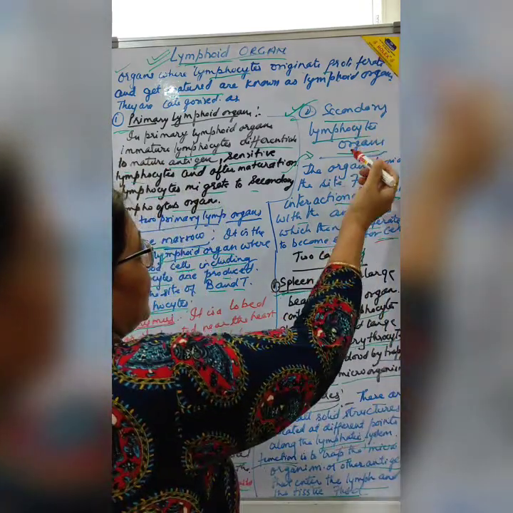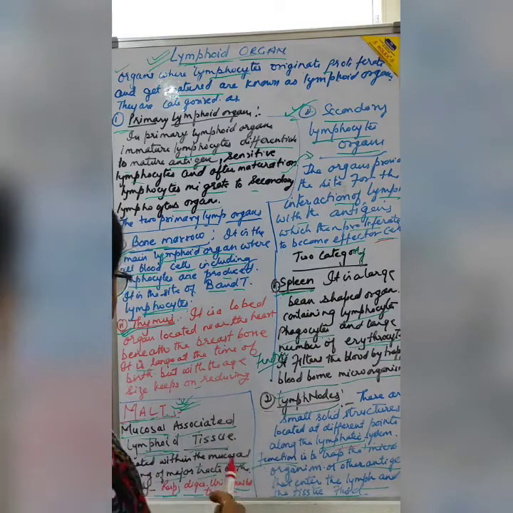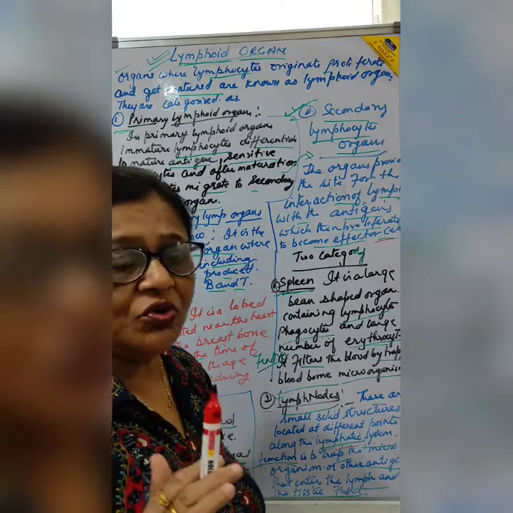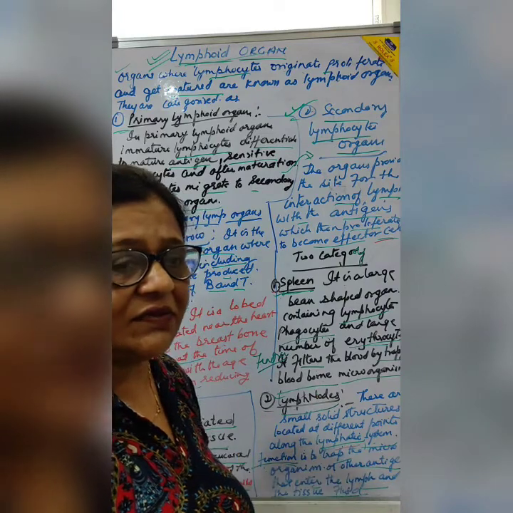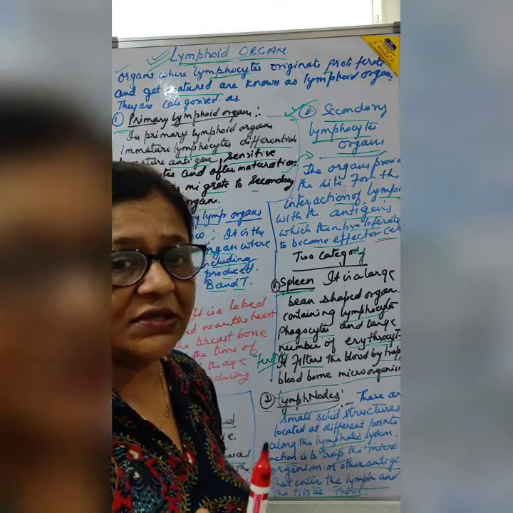So secondary lymphoid organs are of two types, spleen and lymph nodes. Next we come to MALT, that is mucosal associated lymphoid tissue. These tissues are located in the mucosal lining of the respiratory system, digestive system, nasal chamber or urinogenital system.